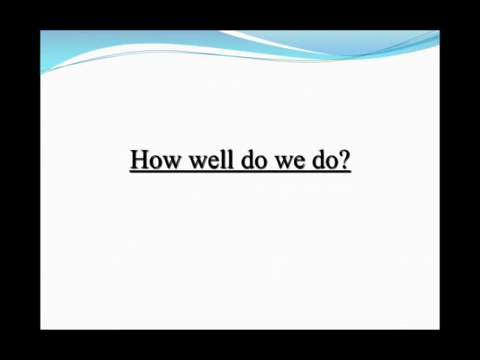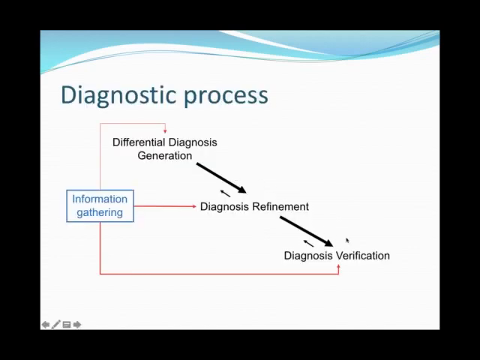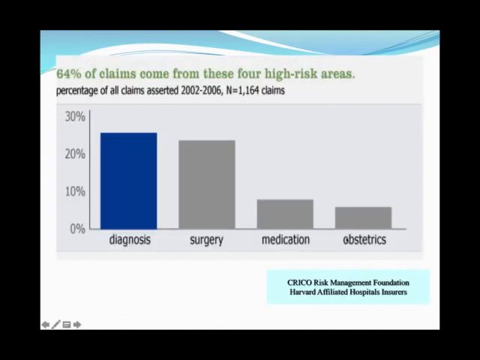So that sounds like an easy process in some ways. How well do we do? Just as doctors in general, are we doing a good job at going through this process? In one study from Harvard in the U.S., and Harvard is probably the best university in the United States, they looked at all the different insurance claims.